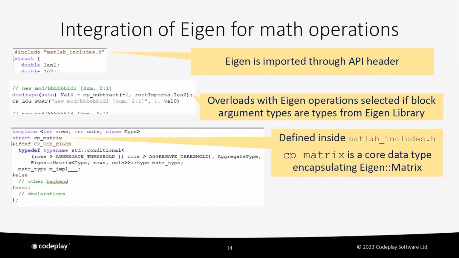And then we have this matrix data type, which is also used for many of the API functions, which can embed Eigen as the base type, but it can also import other backends.